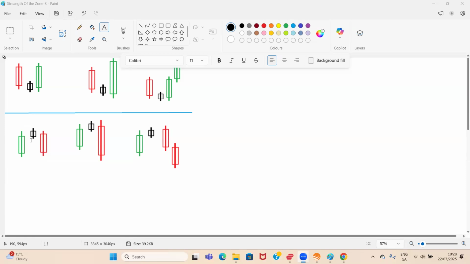Forget about that one, but it is a selling zone. That means this is where you will see the price going down, meaning the notion in the market is sell. That means it is a seller heavy market.